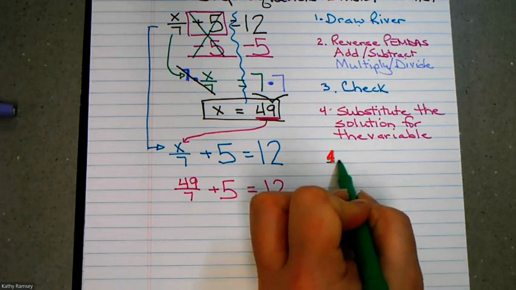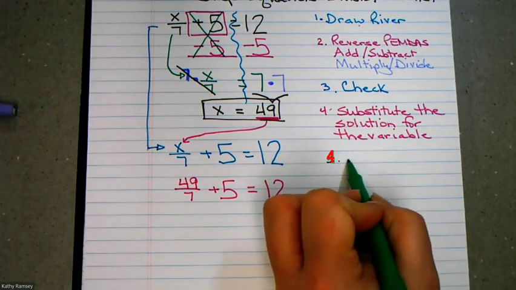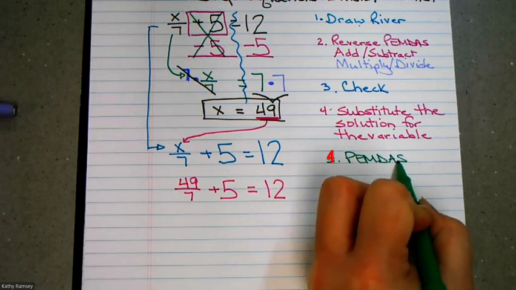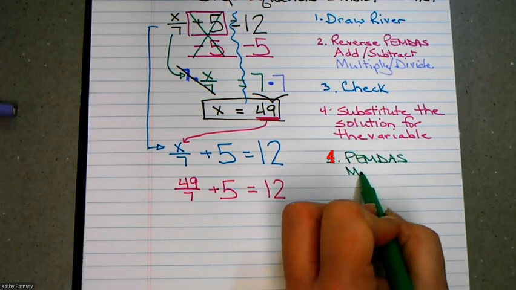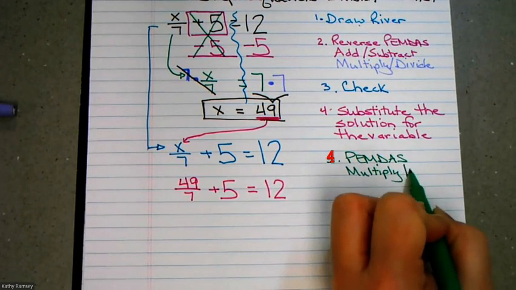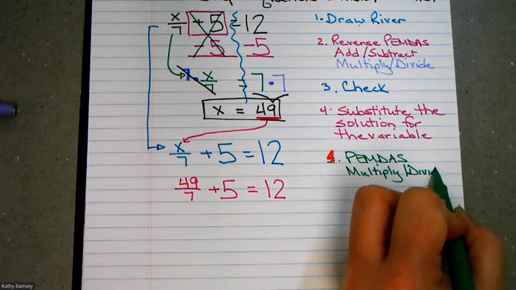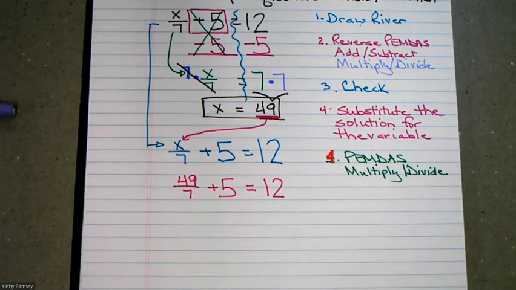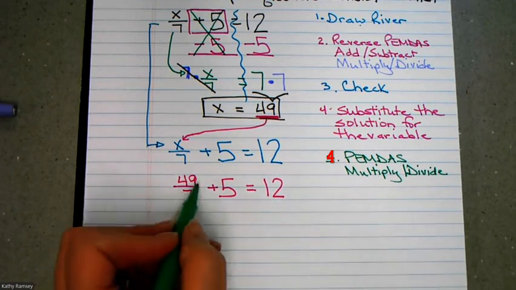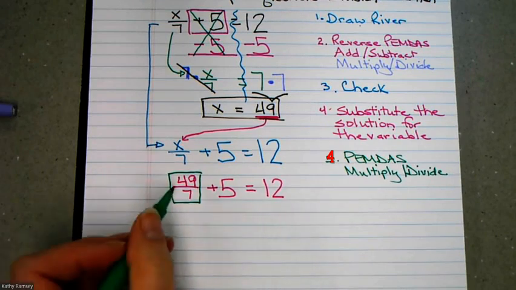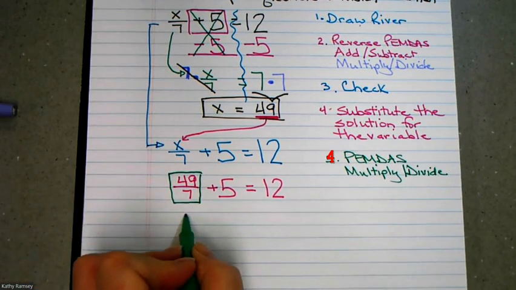Then what we're going to do is normal PEMDAS. So we're going to multiply or divide first. Okay, so we have a division right here. So 49 divided by 7 is 7.